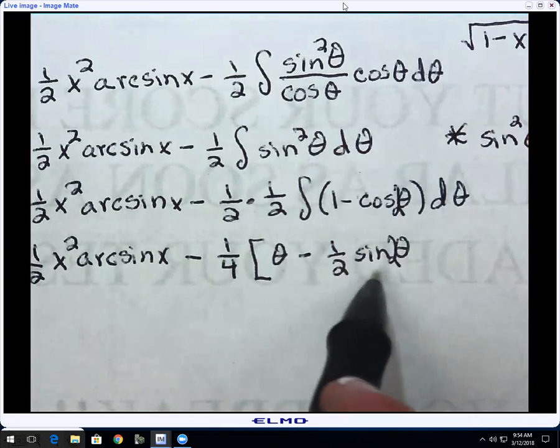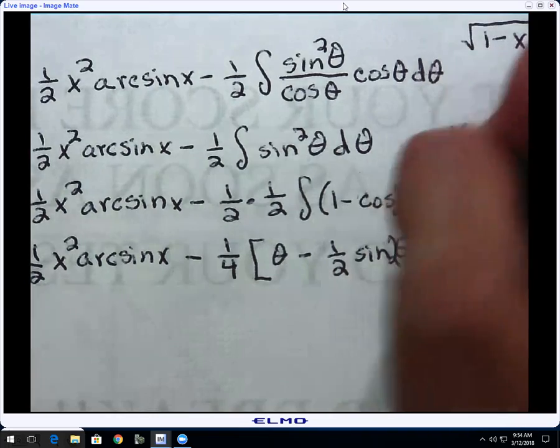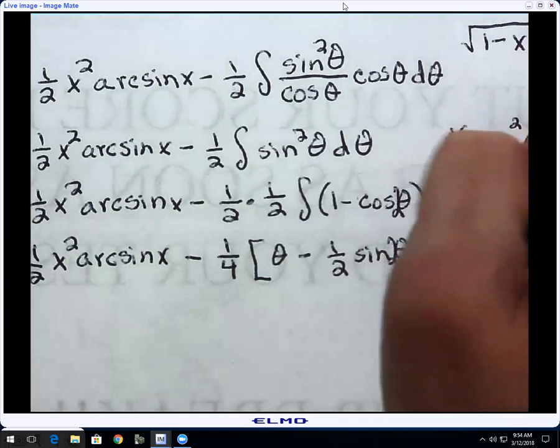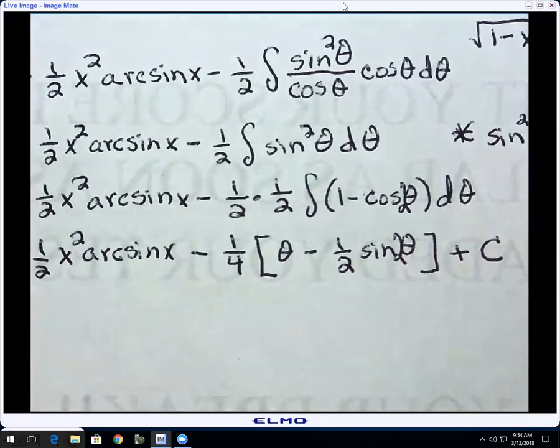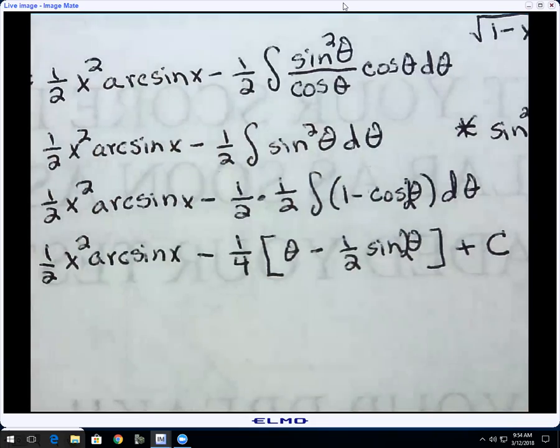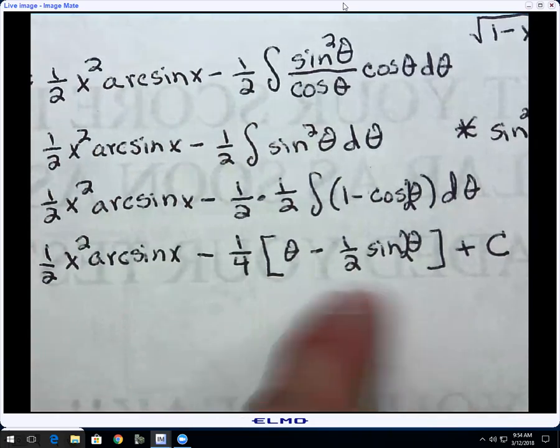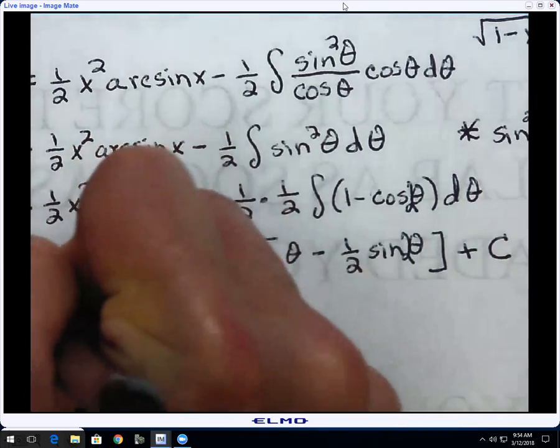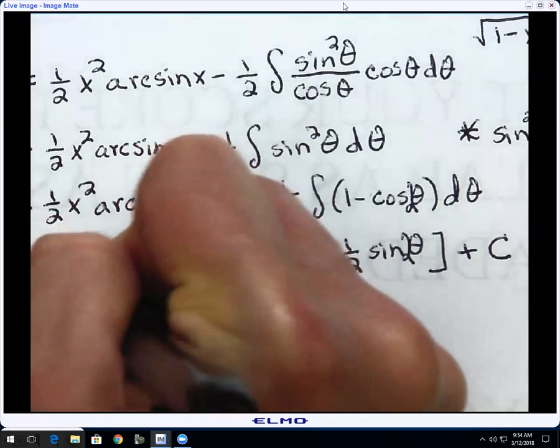And my sign is correct. Look, I have half of the problem in terms of x and half the problem in terms of theta. I'm going to have to clean that up.